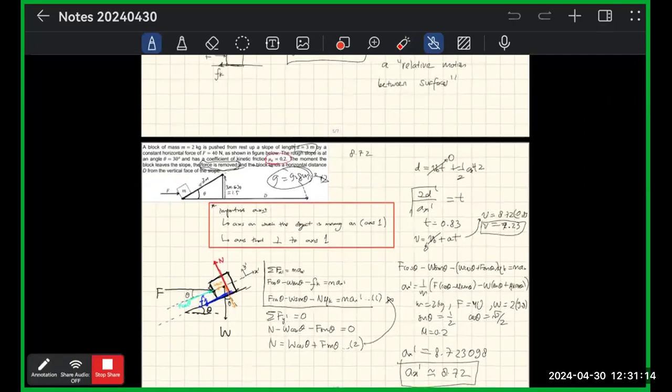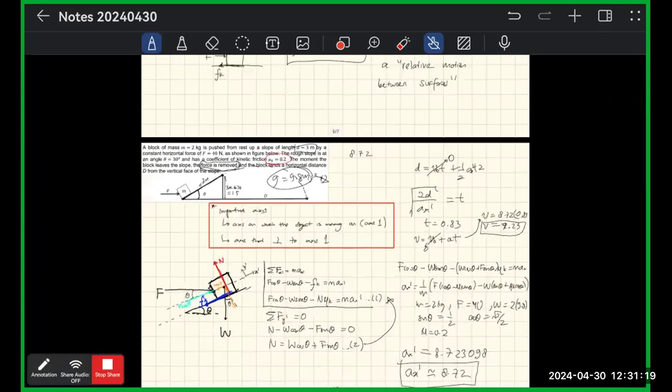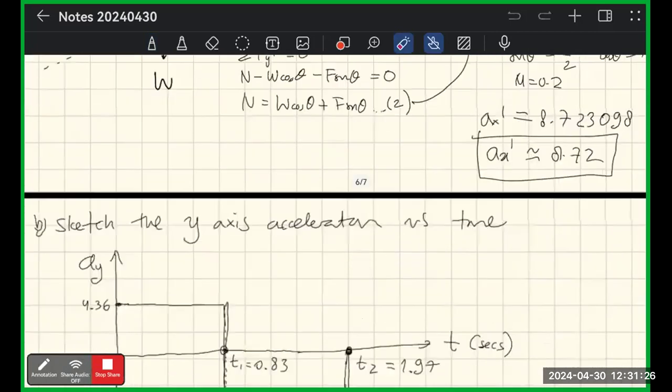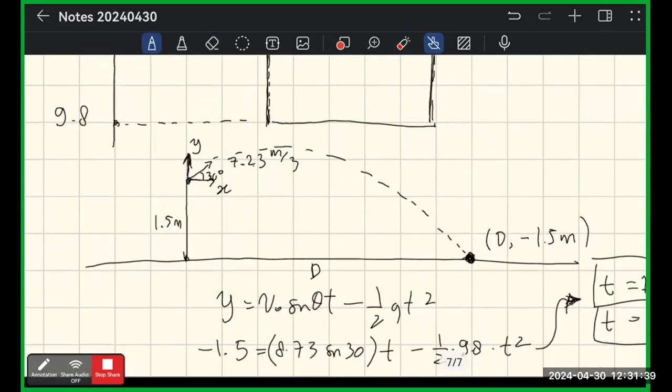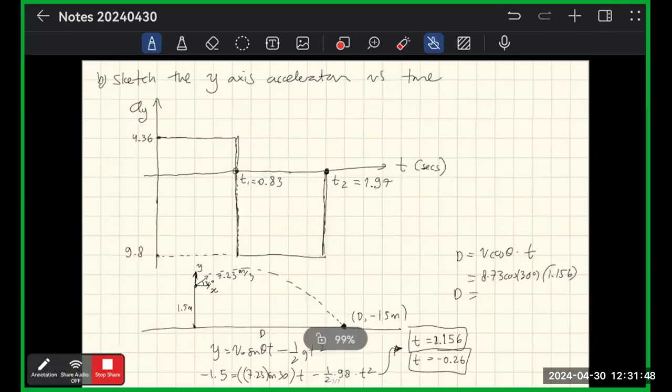It really is right, 0.23. The v here is 0.23, not 8.03. Sorry guys, 0.23. So this one has to change, and the time will have to change also. Crap, so sorry.